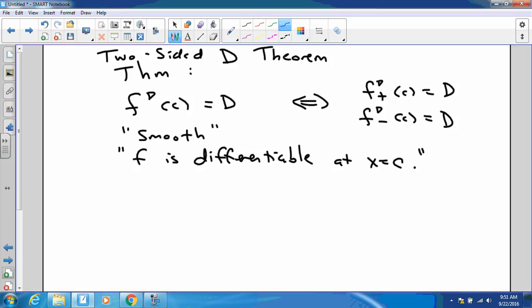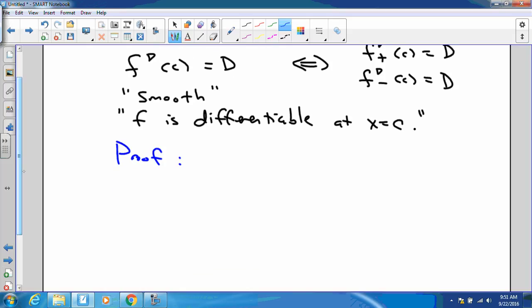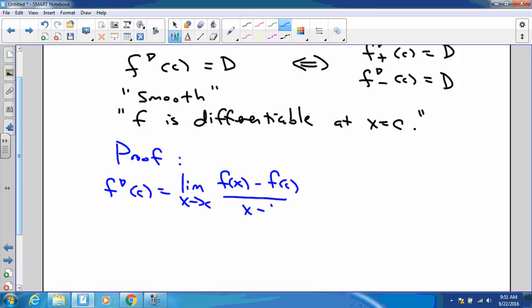Now the proof of this theorem is probably exactly what you imagined. That's the third time I've said that today. All that I'm going to do is to set up the definition here and apply my two-sided theorem. f prime of c is the same as the limit as x goes to c of the difference quotient.